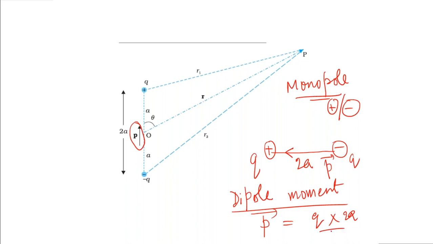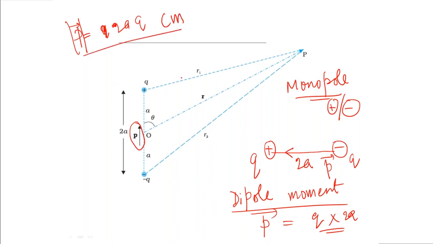So the magnitude of p will be q into 2a, or 2aq. This is the dipole moment. What is the unit for this? This is coulomb and this is meter, coulomb meter. This is my dipole moment.